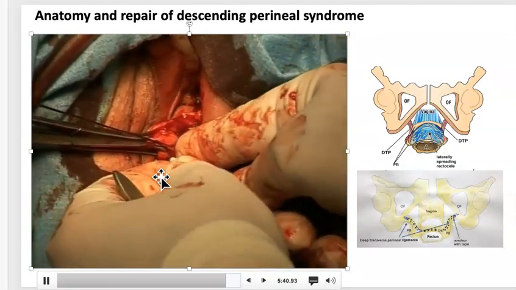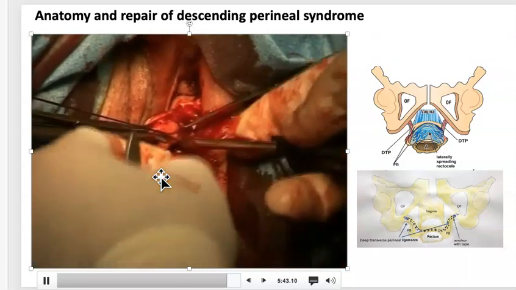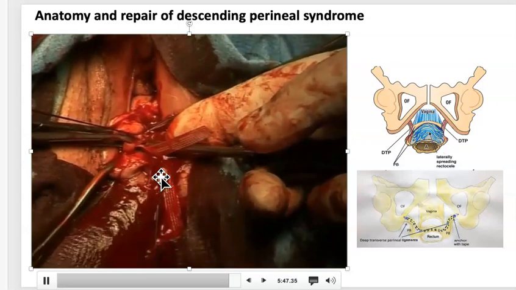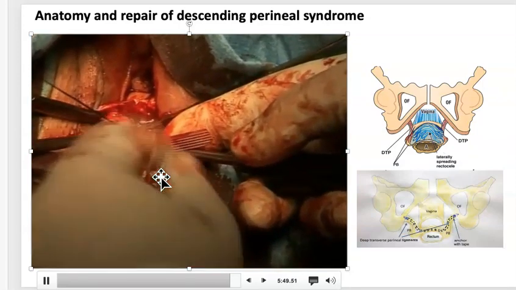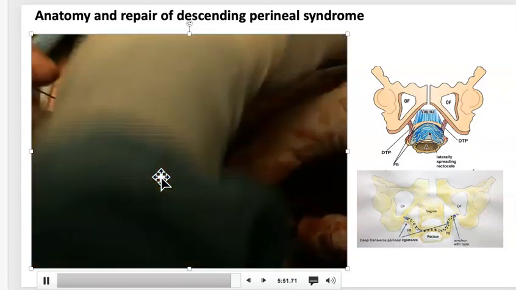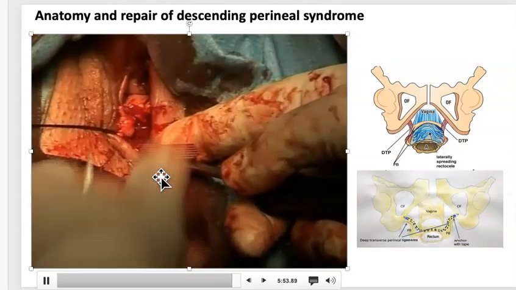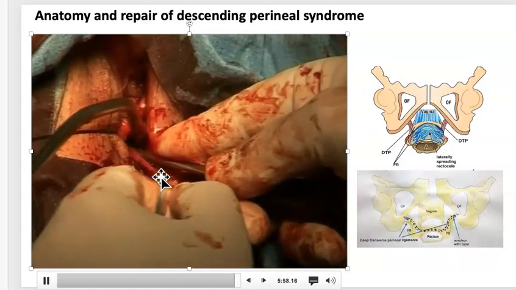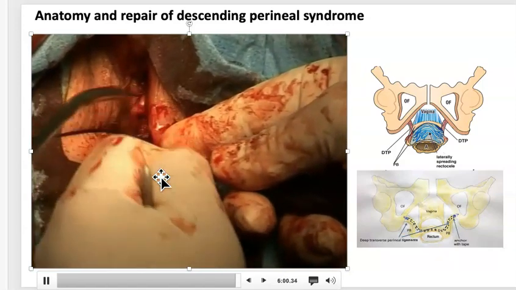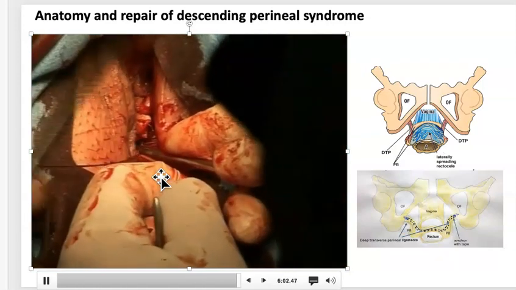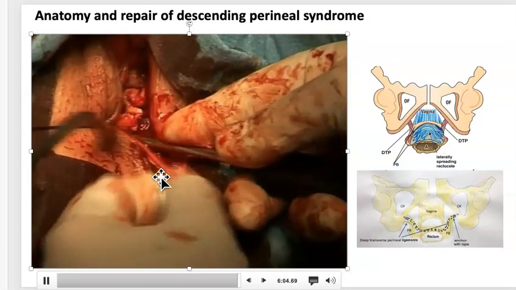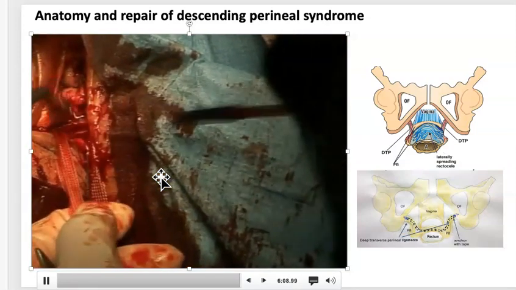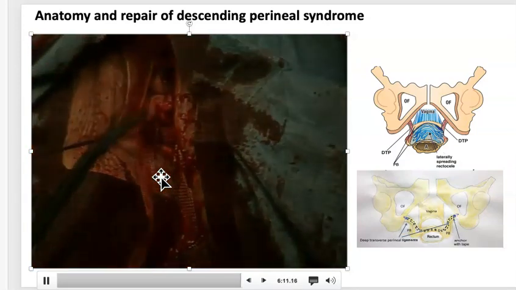Go into the hole, and counter pressure, we take the forceps out because we don't want to be pulling against ourselves. Counter pressure on the handle, and we pull until we feel a resistance. When you feel a resistance, you stop and pull out. If you pull too hard, now that's a bit loose, you can see this.